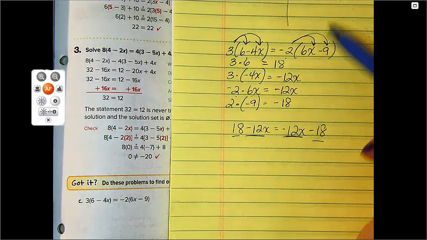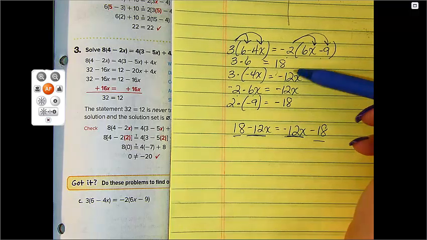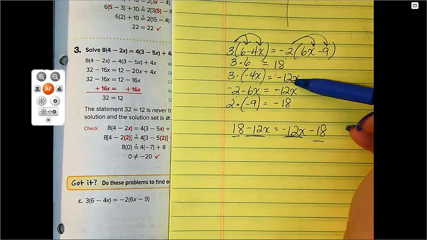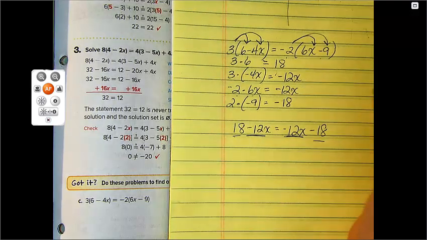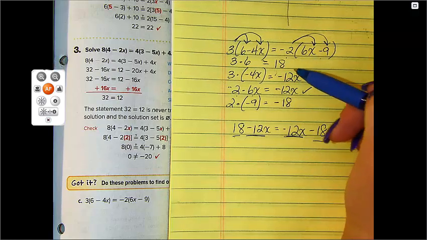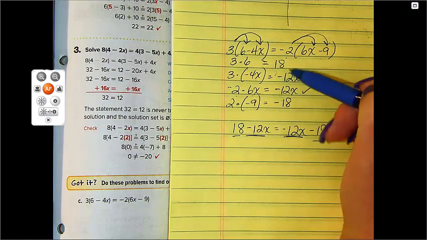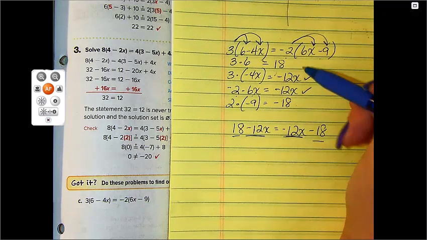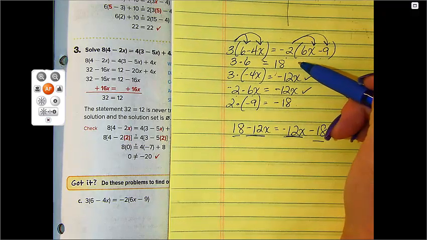Okay, let's look at that again. If I look back up here at my work, which is why it's important to show your steps, you have a negative 12x and a negative 12x. So those are identical. 18 is my answer to the first one. Negative 18 is my answer to my second one.